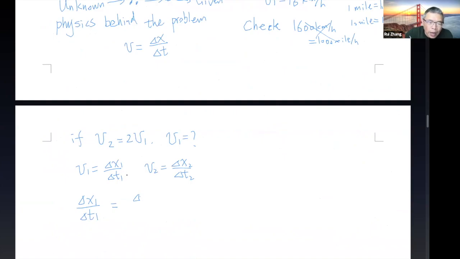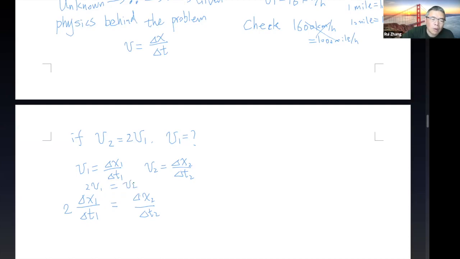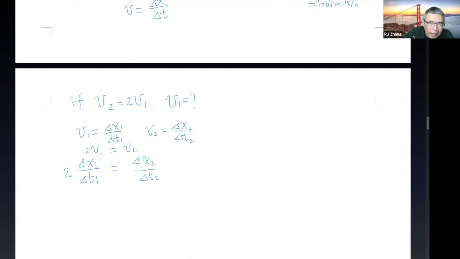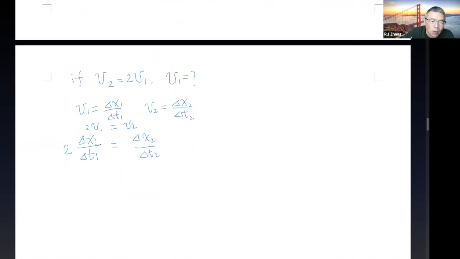However, what you can do here is solve for them by setting up this equation. As we know, v2 equals 2 v1, right? So v2 should equal 2 times v1. From there you can get a relation between delta t1 and delta t2. Let's go ahead and do that. So you have 0.5 kilometer divided by delta t1 times 2 equals 3.5 kilometers divided by delta t2, right?